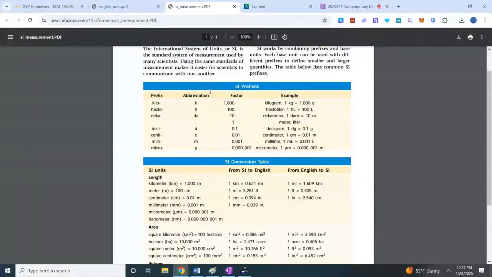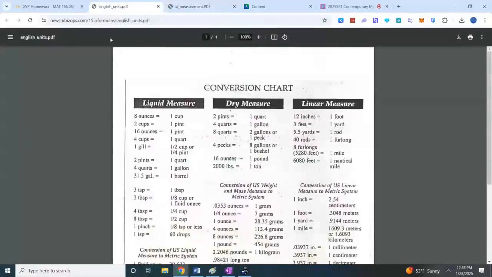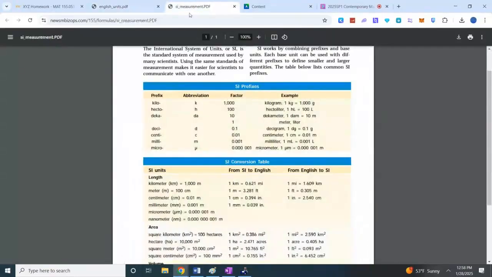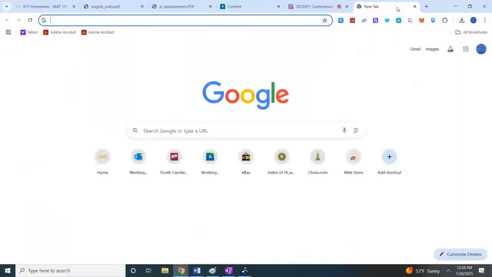Okay. So while you're taking your test, I would suggest you use the English unit formula sheet, the standard unit formula sheet, you can also use Google.